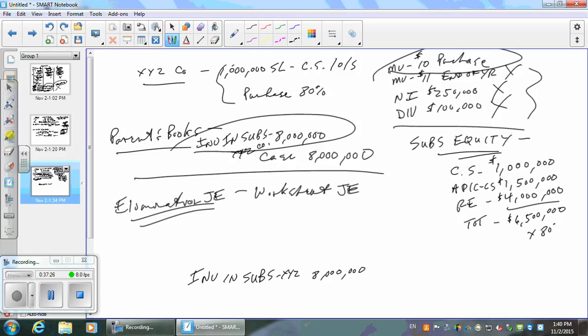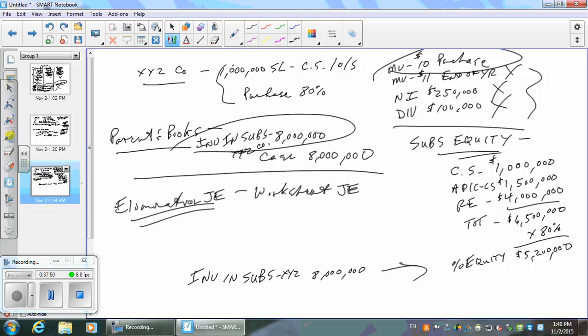What's 80% of $6,500,000? Our share. Equity. How much is it for our share? What's 6.5 million times 80%? How much? 5,200,000.